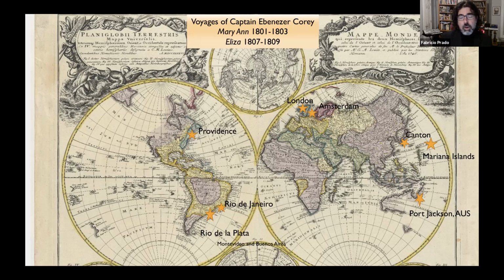But along with the cargo, Ebenezer Corey was in charge of selling $200,000 worth in bills of exchange over London. And he was selling it at a 25% premium, in payment over 6 months.